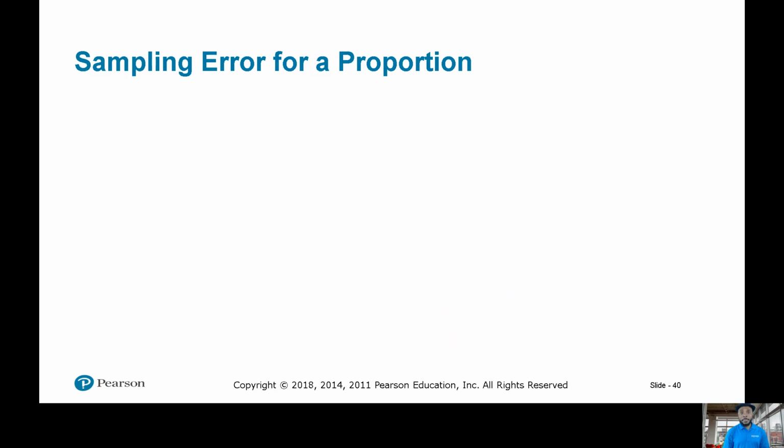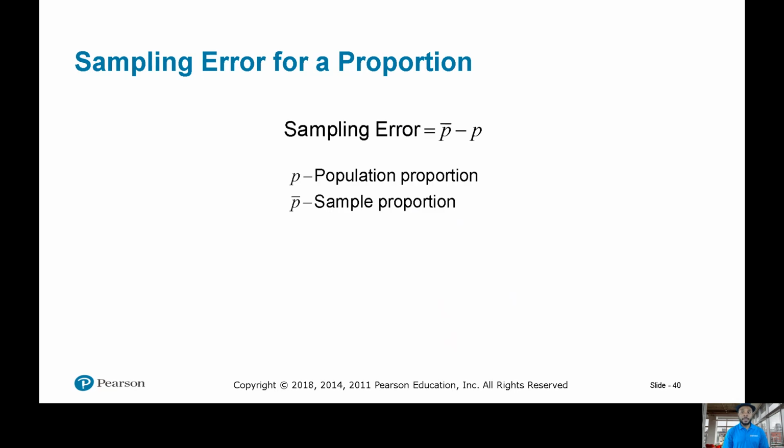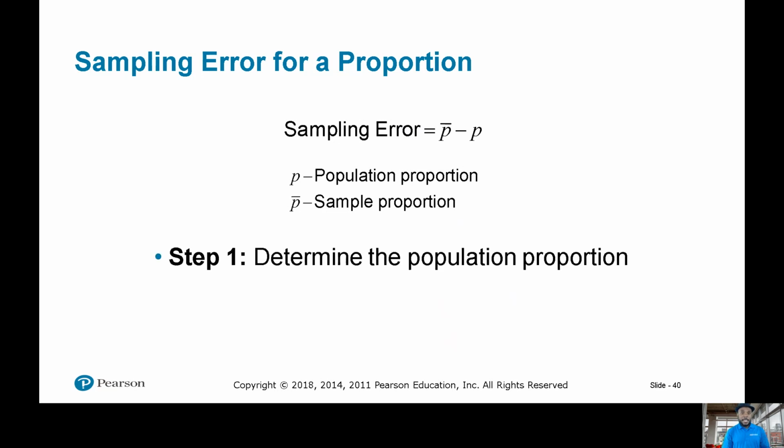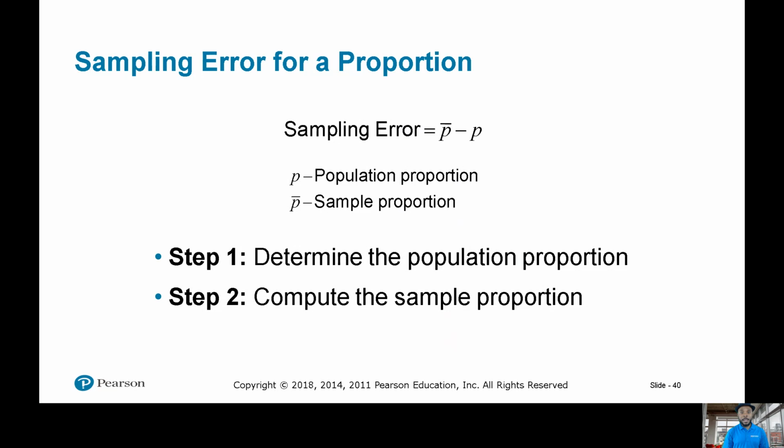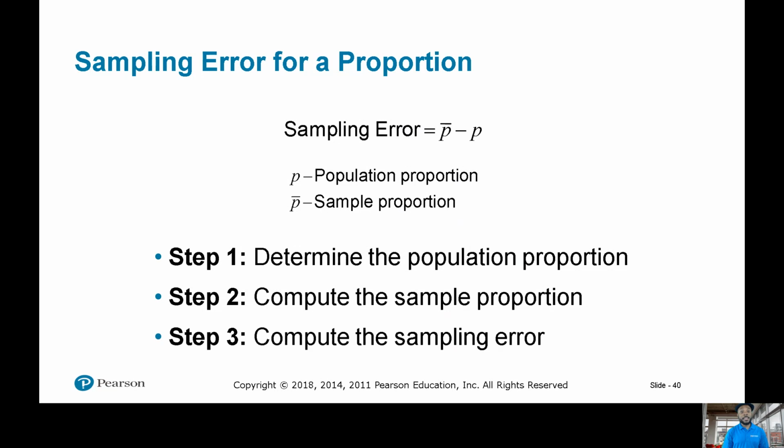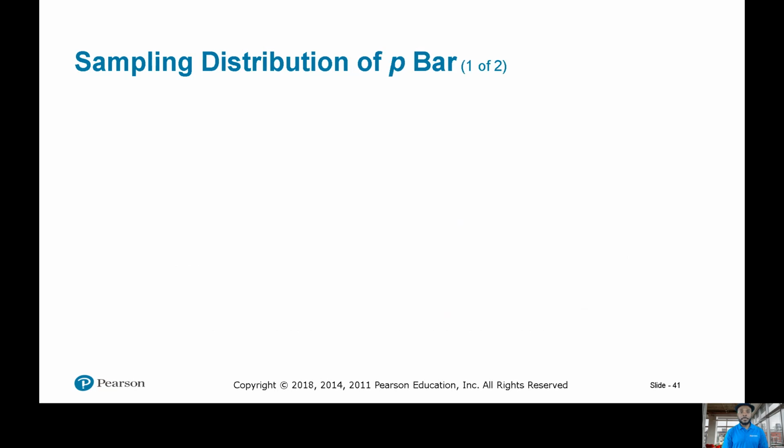How do you determine the sampling error for a proportion? Remember, we stated it this way, where P hat is the sample proportion and P is the population proportion. So determine the population proportion, compute the sample proportion, and then compute the sampling error. This is what you're going to see and do in your homework assignments.